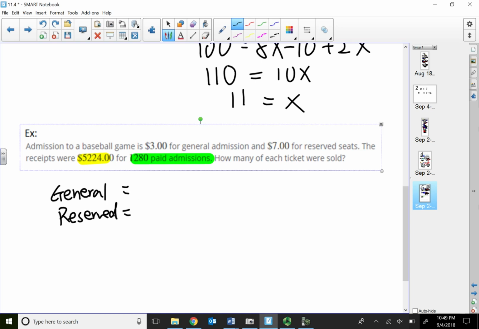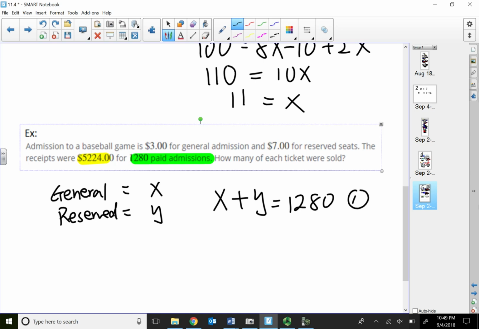Admission means tickets. So let's say I have x number of tickets for general admission, y number of tickets for reserved. Since I have 1,280 paid tickets, that means my general tickets plus reserved tickets together have to equal 1,280. So that's my first equation.